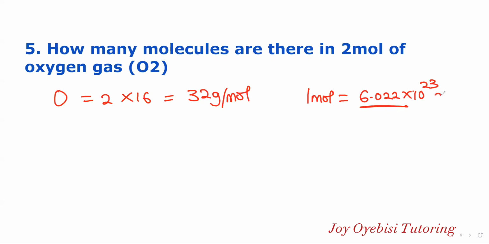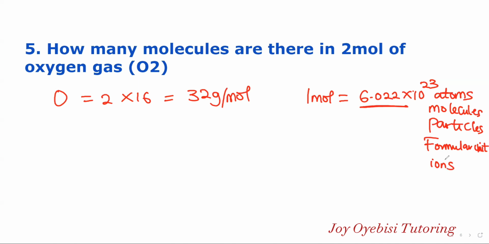And this can be atoms, it can be molecules, particles, it can be formula units. It can also be ions. Okay, these are the different forms that this question can be asked. They could ask how many particles, how many formula units, how many atoms, how many ions.